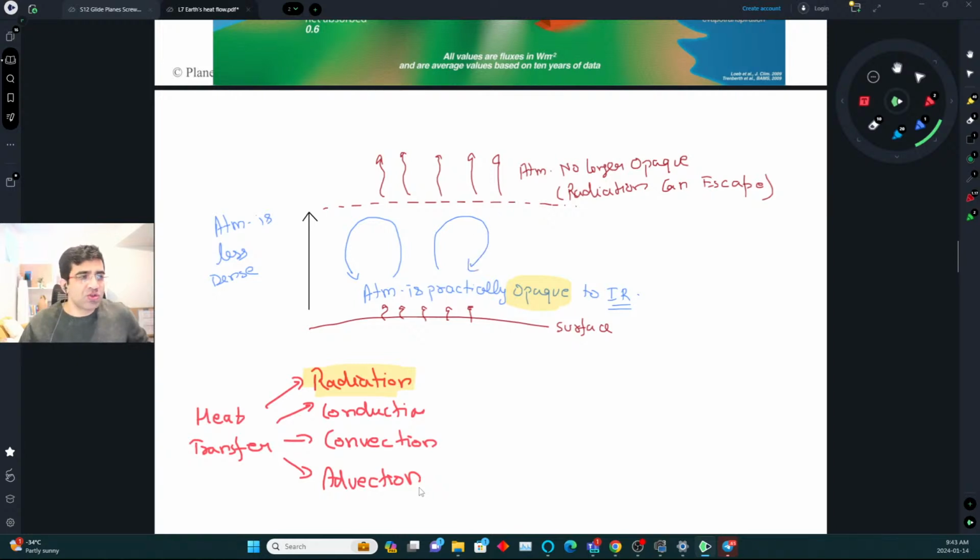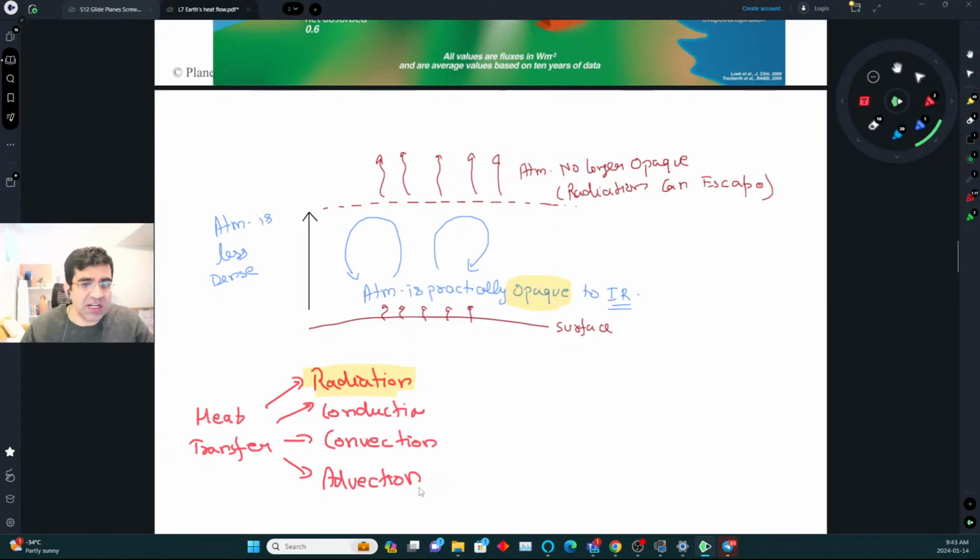For example, in thunderstorms, warm air rises up, it condenses, produces clouds, and condensation releases heat. When water on the ground is evaporating, it is absorbing heat. It is these processes which are cooling the surface of the Earth. It is not radiation.